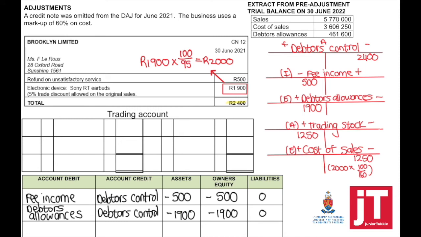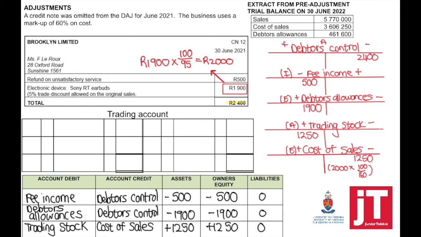To show the goods that were returned, it means debtors allowances is debited, account credited, debtors control. Assets minus 1,900, because my expense increase, it will have a negative effect on the owner's equity. If I add that 500 and 1,900, it will equal the 2,400.